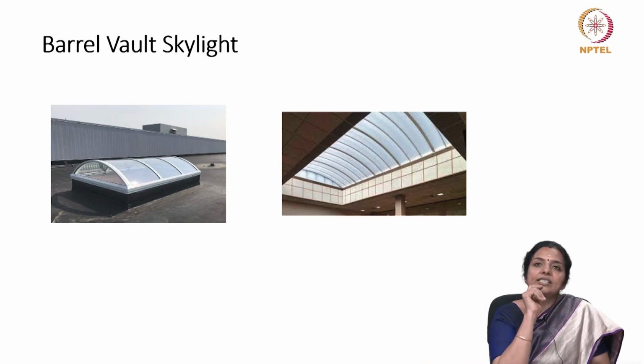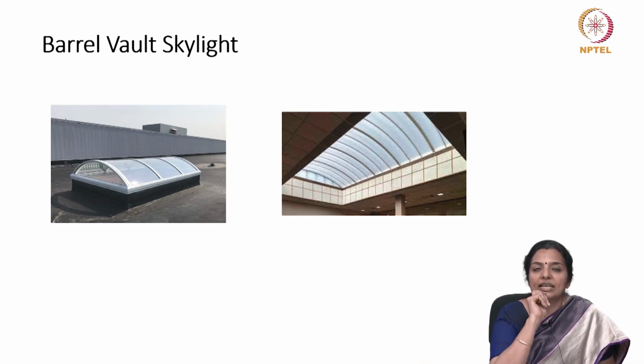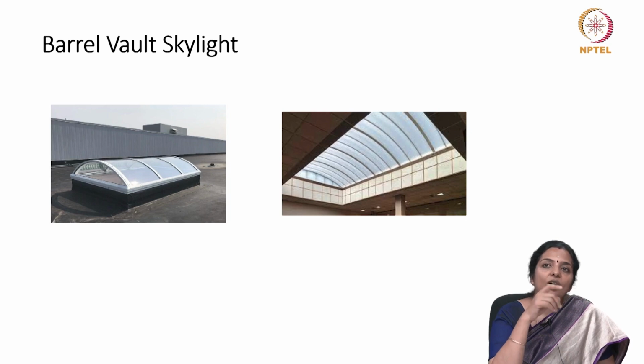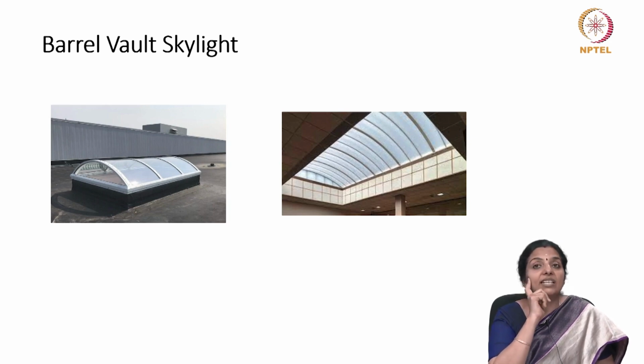And then we see the barrel vault skylights. This type of skylight is frequently used in non-residential buildings. It is rarely used in residential buildings as the area of skylight is much more. Besides, privacy concerns are also an issue.